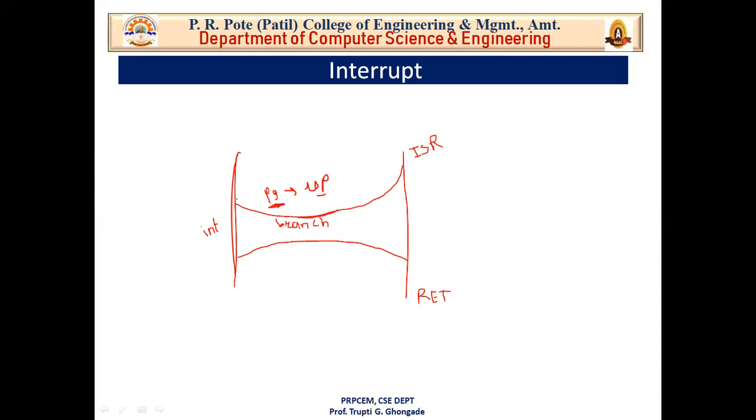After getting the interrupt, the processor goes to the ISR, that is the interrupt service routine. A routine is another word for a program. So ISR means a specially written program to service an interrupt.